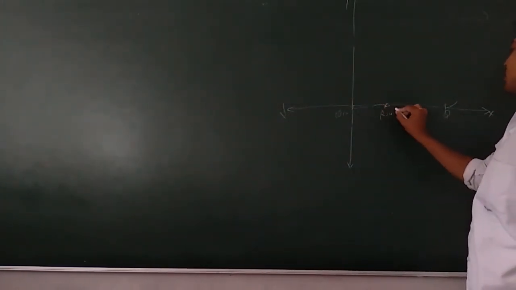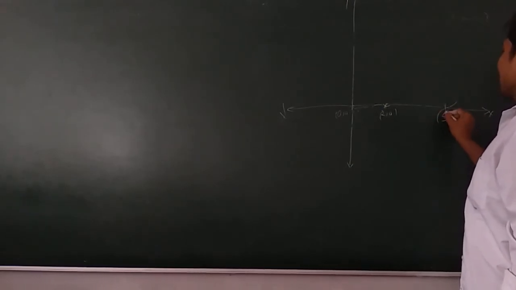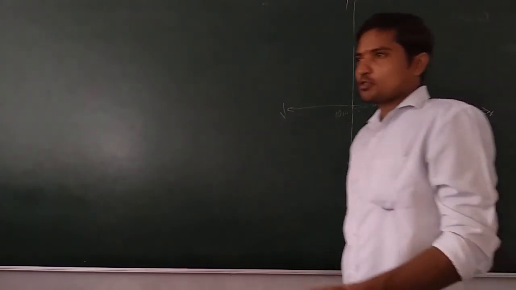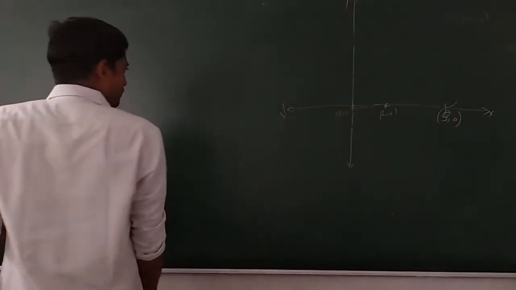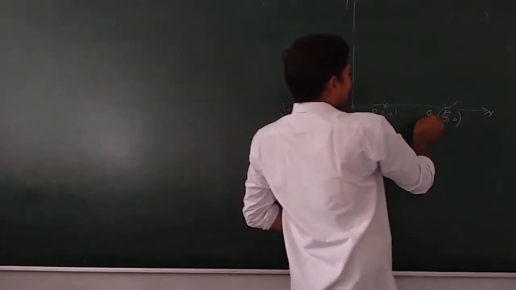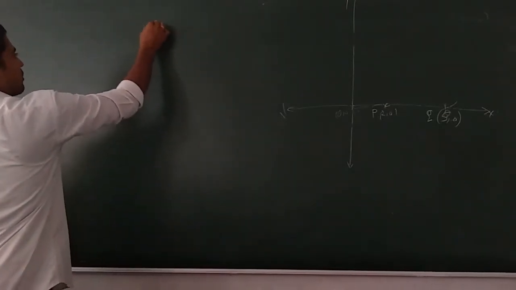Suppose 2, 0. This is 5, 0. Then the distance between them. This is P. This is Q. Distance between 2 points is PQ.